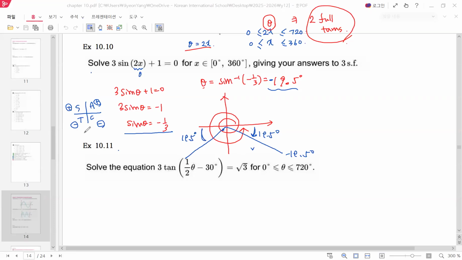So the first turn, 180 plus 19.5, and then 360 minus 19.5 degrees. And then the second turn, the same angle. So it means that you can just add up 360 here. You can add up 360 here. Do you understand?